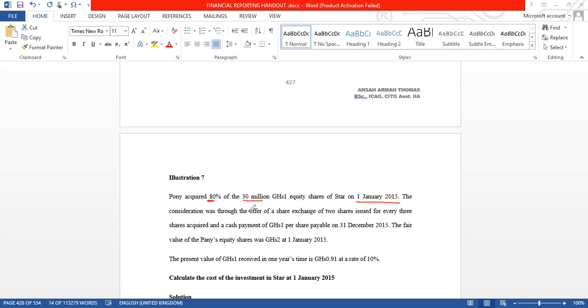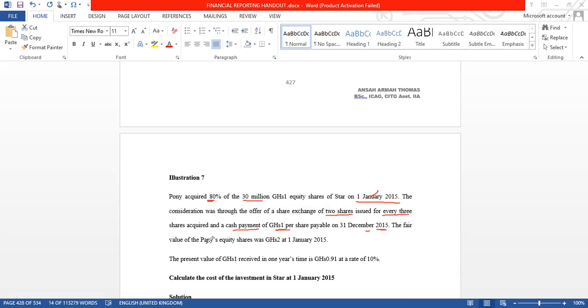The consideration was through the offer of a share for share exchange. So 2 shares for every 3 acquired, and a cash payment of 1 cedi per share payable on this date. So the acquisition is in January, the money is payable in December. There's a 1-year gap.